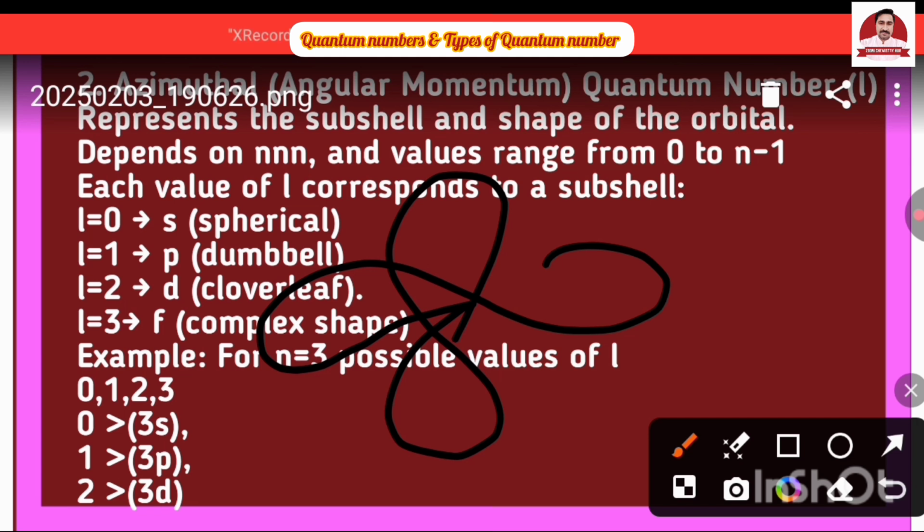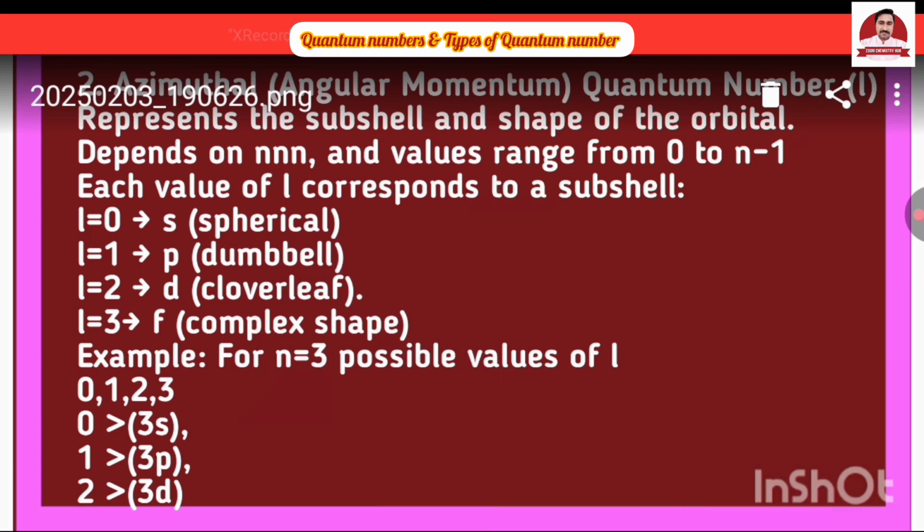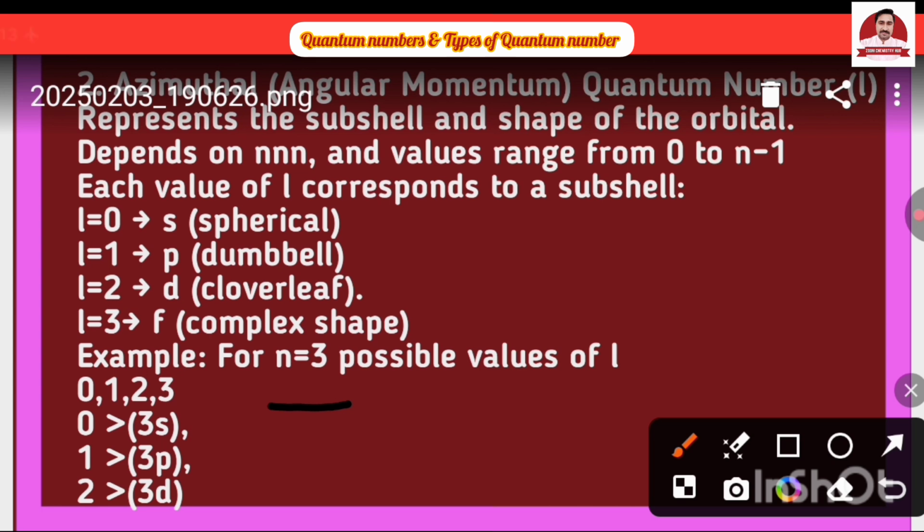And when L is equal to 3, then it is related with f orbital, and f orbitals are more complex in shape. For example, when n value is 3, how many values of L are possible?